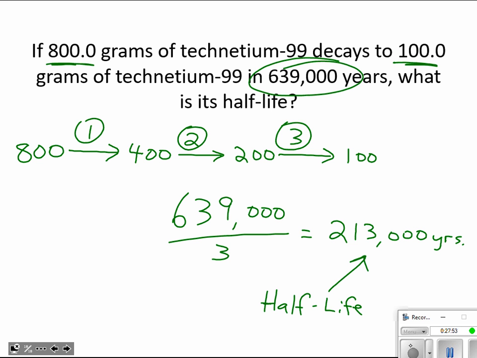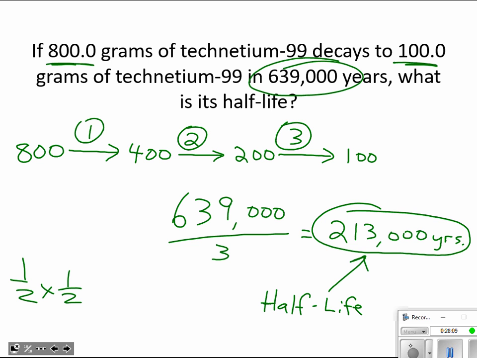So my half-life is going to be 213,000 years. And just by looking at it, I had 3 half-lives, so I have 1, 2, 4, 8. I have 1/8 of my technetium-99 left over. Could you tell me what percentage 1/8 was?